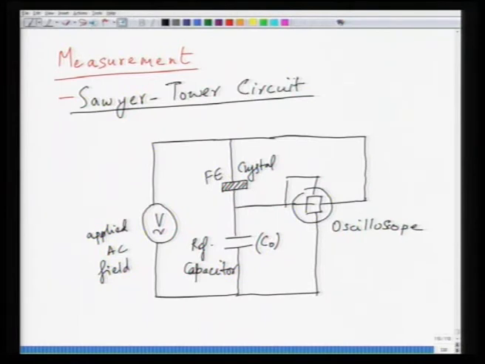In this configuration, the voltage drop across C naught is proportional to the polarization of the crystal, and that is how you measure the polarization or the charge which is accumulated in the ferroelectric crystal, with respect to a reference capacitor.